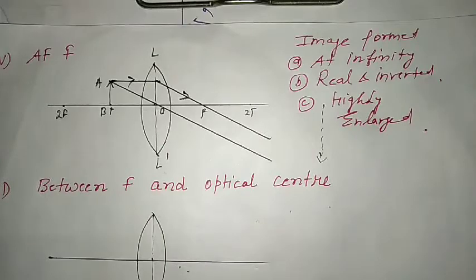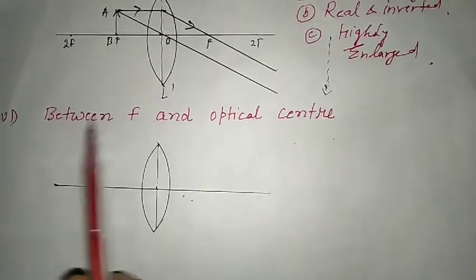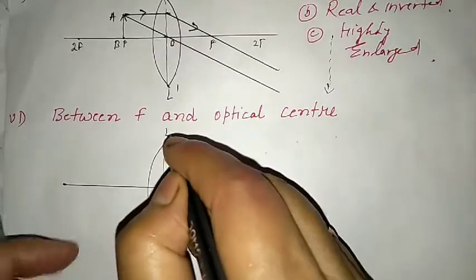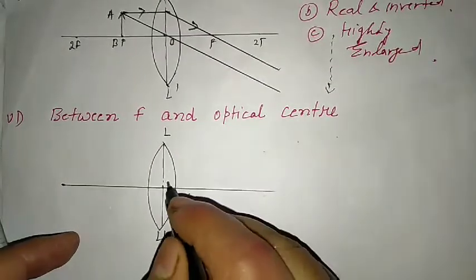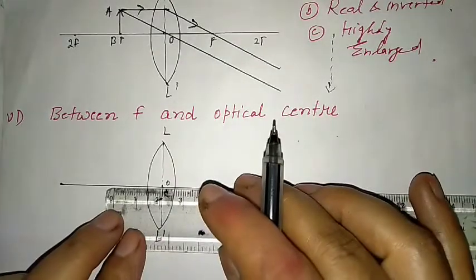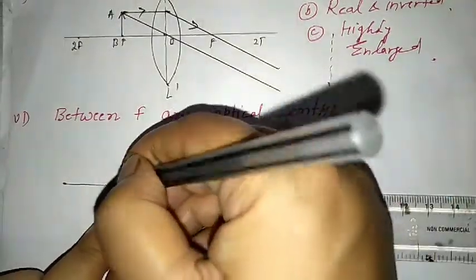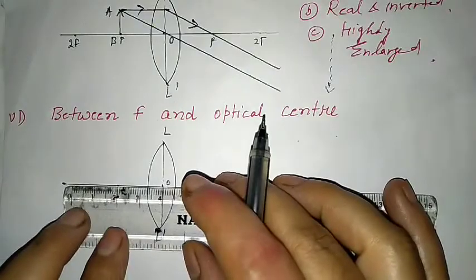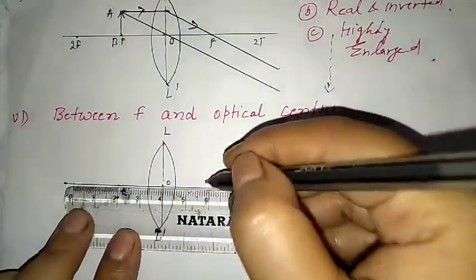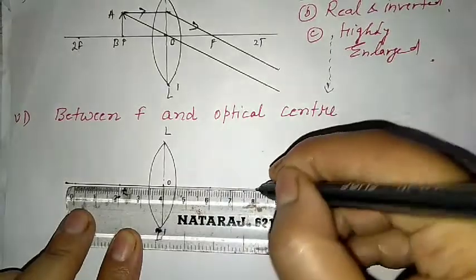Now the last case is there, between F and optical center. So this is L dash optical center, again at 2 centimeter position we are taking here. This one is 2F, this side also at 2 centimeter I am marking here.